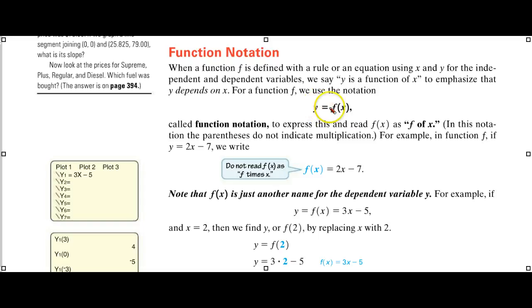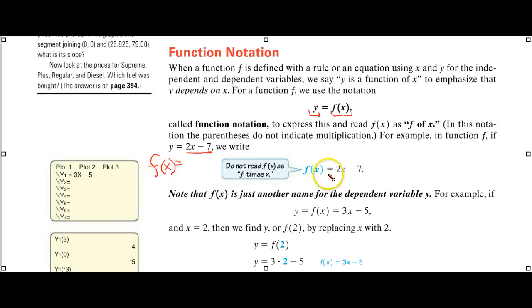Now, another thing we're going to see very often is that y and the symbol for function can be interchanged. So if we wanted to write this, which is a y function, we could exchange the y with the function symbol f of x equals that.